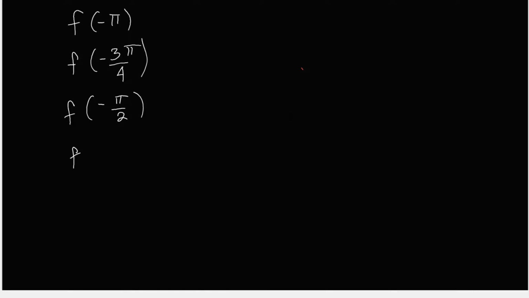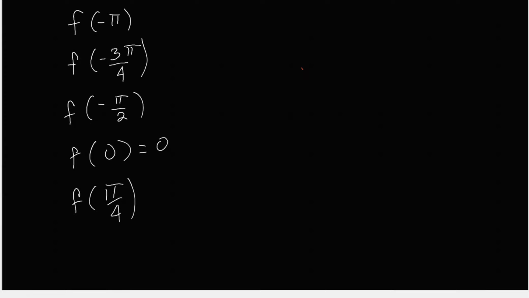Okay, so we will find f of negative pi, f of negative 3 pi over 4, f of negative pi over 2, f of 0, because that's where your x-intercept is, and y-intercept also, and f of 0 is 0 actually, and then f of pi over 4. These are the points on the graph.